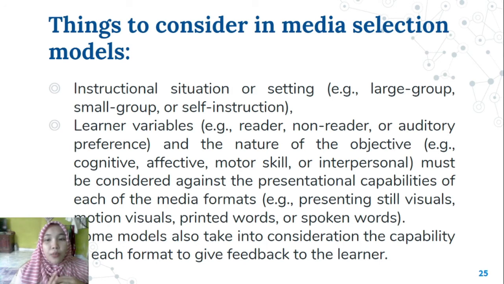And the nature of the objective, for example cognitive, affective, motor skill, or interpersonal, must be considered against the presentational capabilities of each of the media formats, for example presenting still visuals, motion visuals, printed words, or spoken words. Some models also take into consideration the capability of each format to give feedback to the learner.